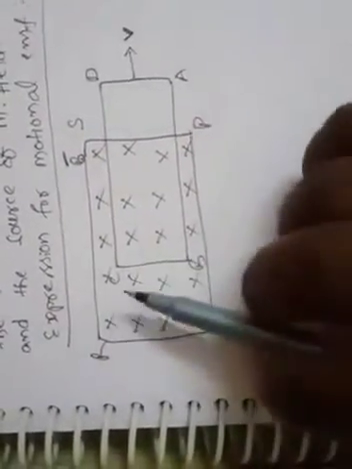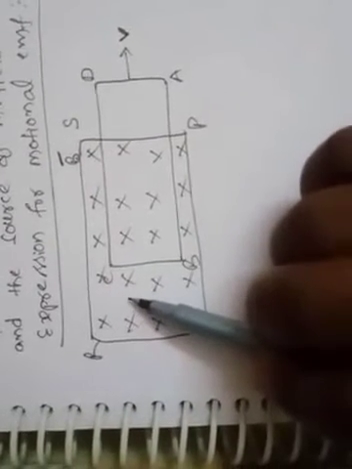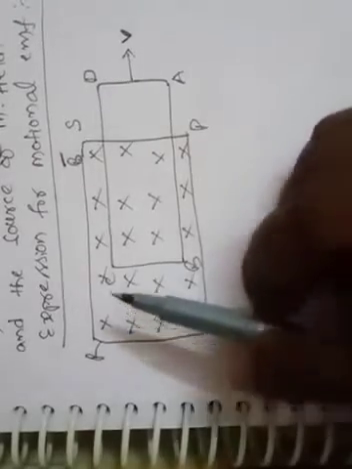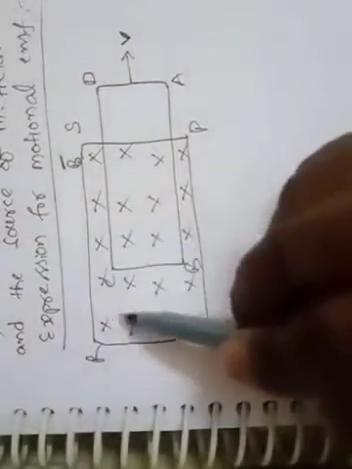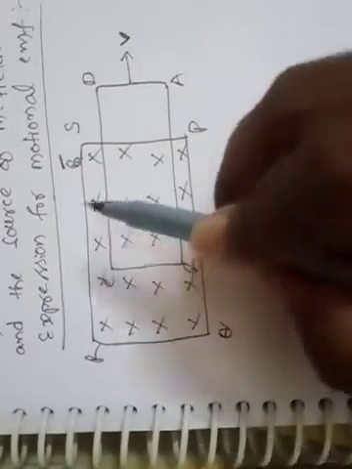Initially we should remember that this is a uniform magnetic field. The strength of the magnetic field doesn't change. What is the direction of the magnetic field here? It is vertically downwards, which means these cross symbols represent magnetic field lines entering into the page.